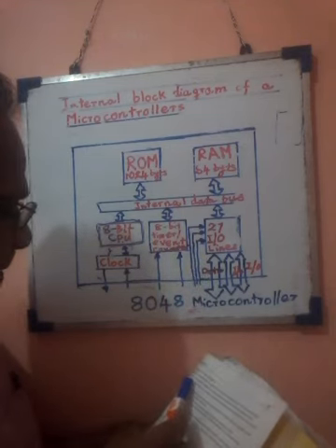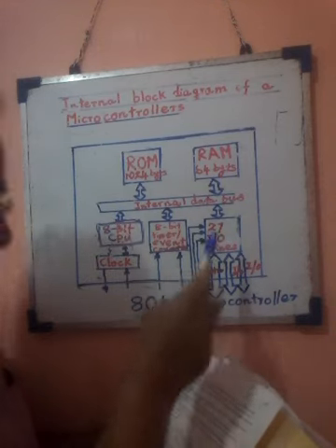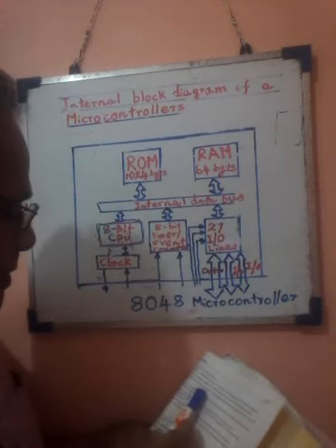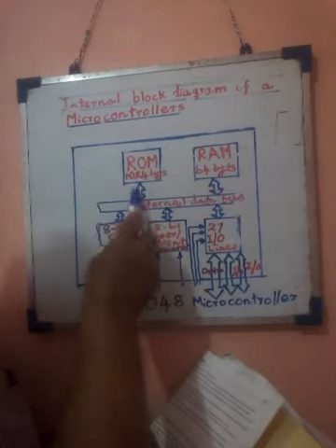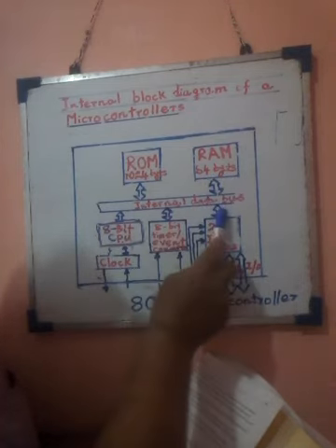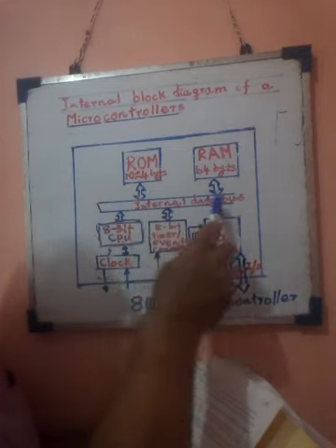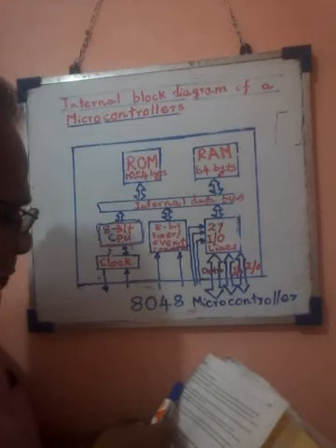C, internal data bus. It connects each internal block. These are bidirectional. These are connected to the internal bus. D, CPU.